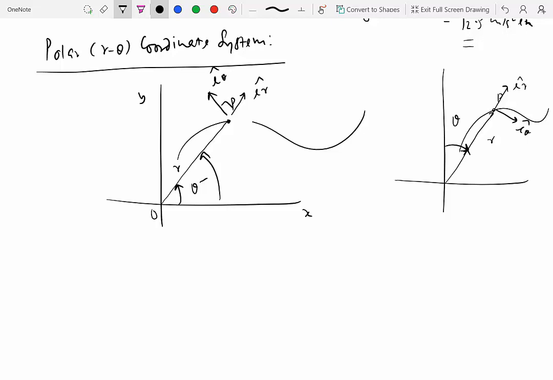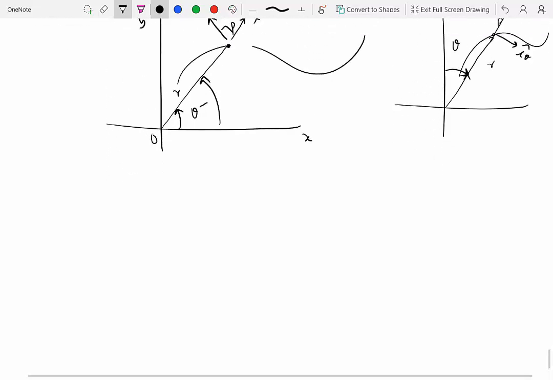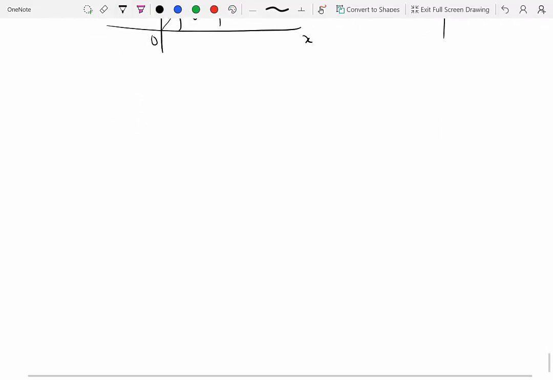The direction of er hat is always radially outward, so that r is increasing, and e theta hat is perpendicular to er hat. But perpendicular gives two directions in a plane, so you decide which way it goes by looking at which way theta is increasing.